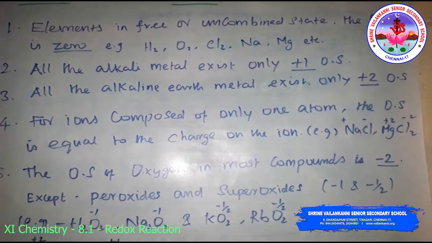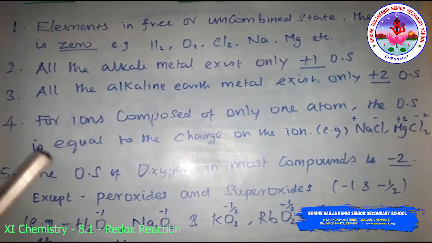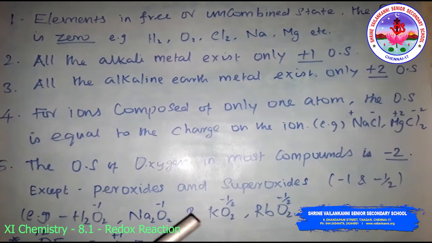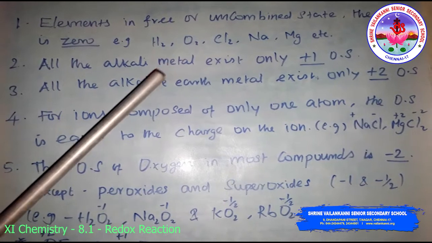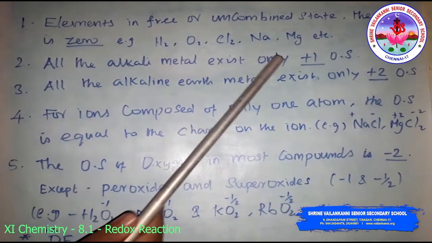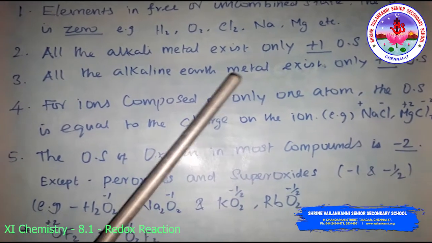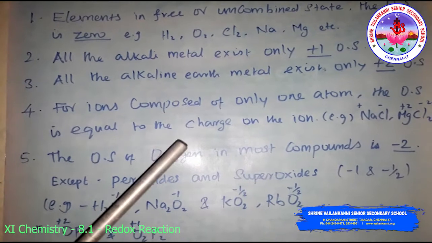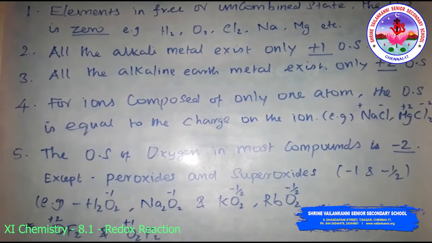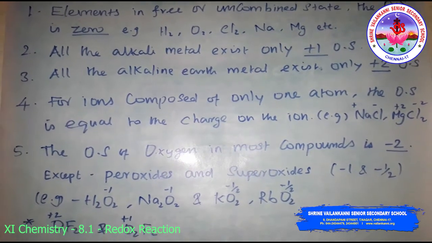For example, alkali metals are the group 1 elements, like sodium, potassium, all having only +1 oxidation state. Alkaline earth metals, like magnesium, calcium, have +2 oxidation state.